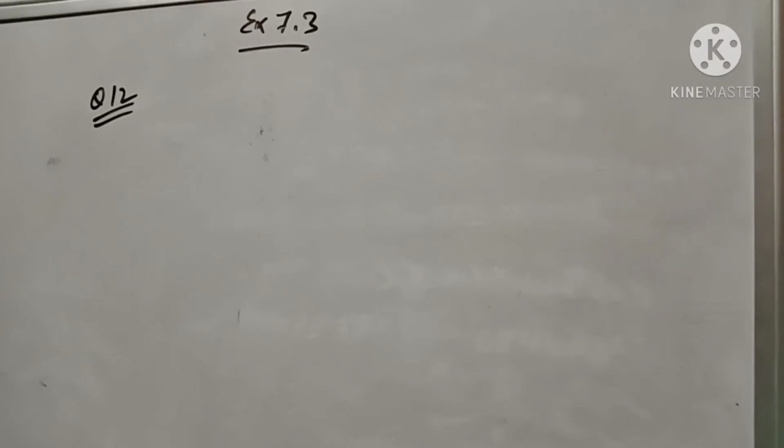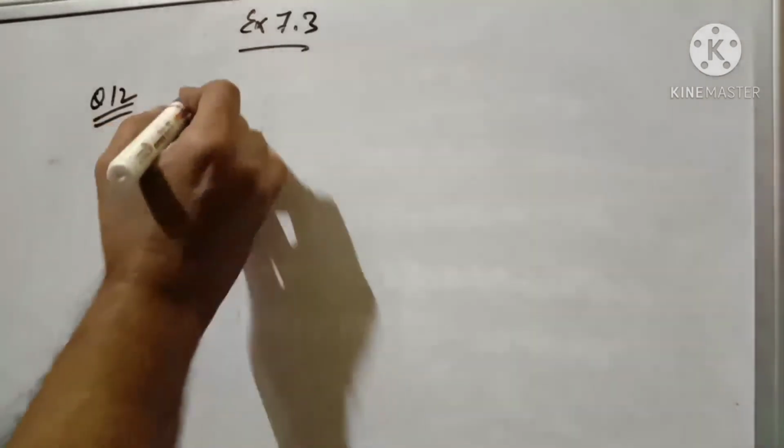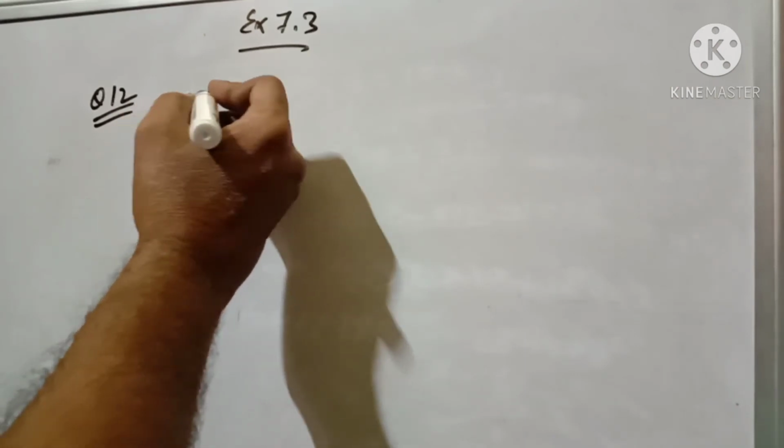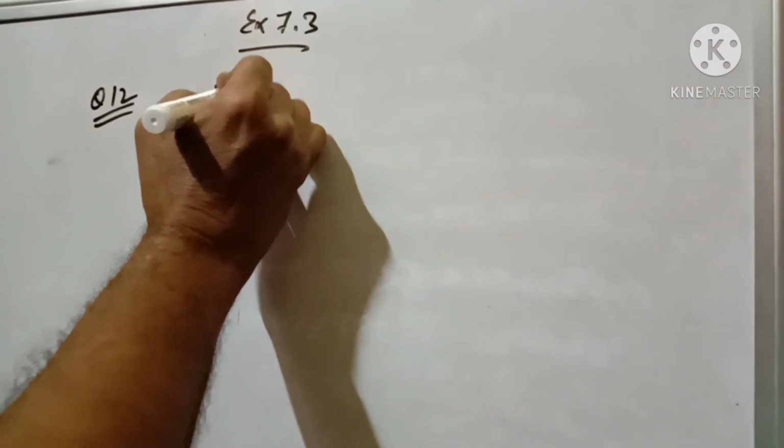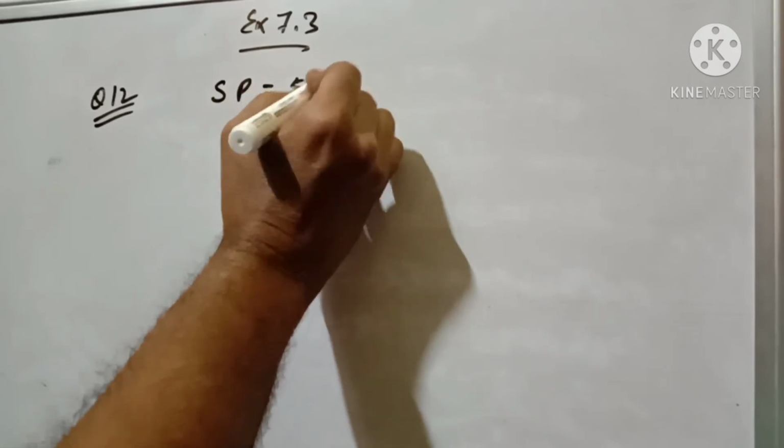Now question number 12. It is given that by selling a chair for rupees 522, a shopkeeper makes a profit of 16%. What is its cost price? Here the selling price SP is given, rupees 522.